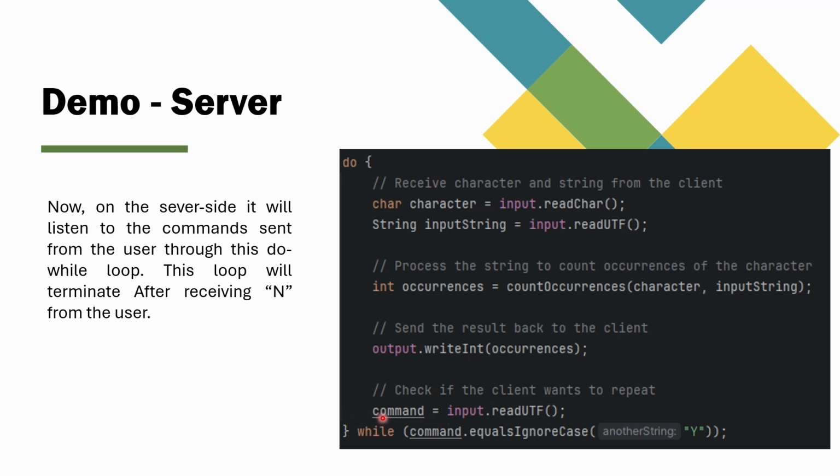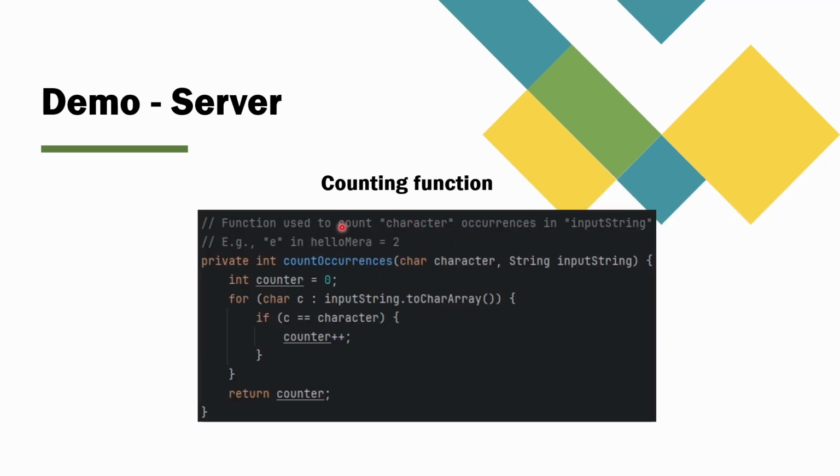In this line, we'll wait for the command from the client side. If the command is yes, then we will continue this process again. If it's no, or 0 or anything else, the connection will get terminated. The countOccurrences method is straightforward. We just count the occurrences of the character in the given string and we return the result.